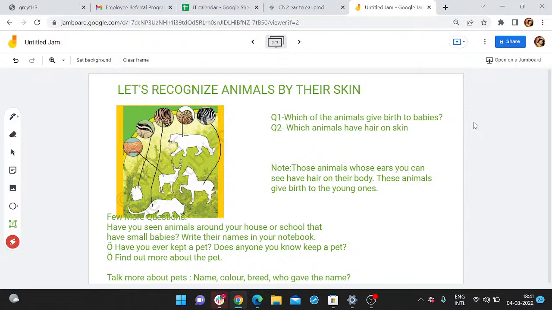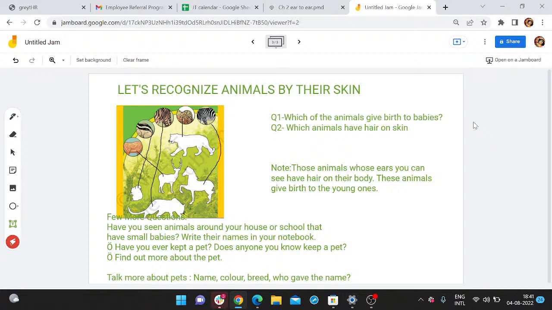Now, the animals which I'm talking about, the dog, the cat, and two or three more, if you notice them, do they have hair on the skin? Do you feel some fluffiness when you touch them? Dogs are really cute to touch.